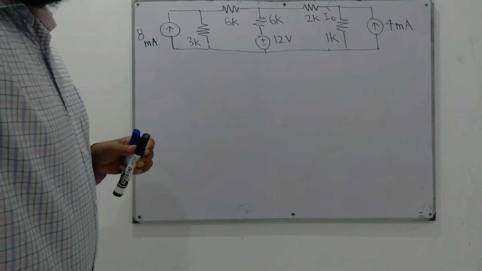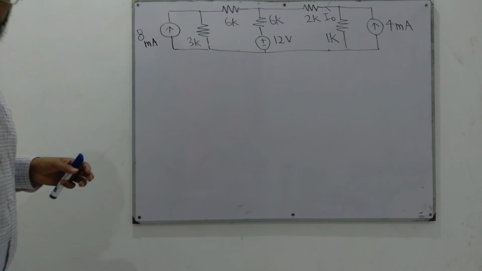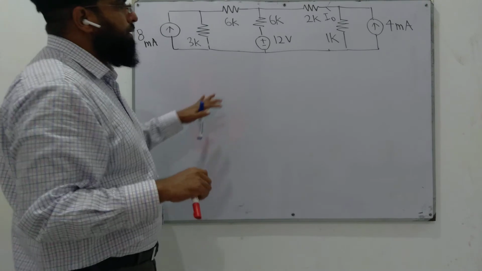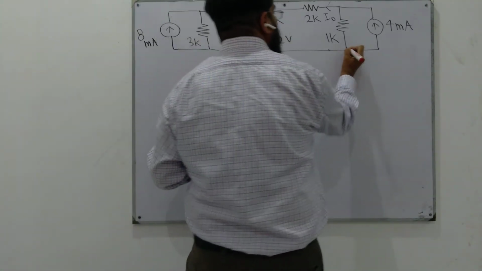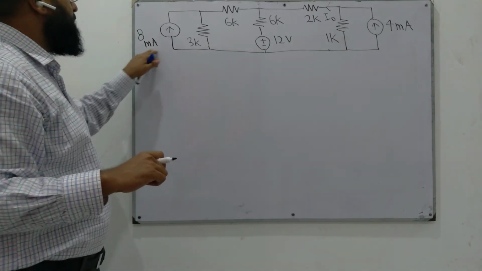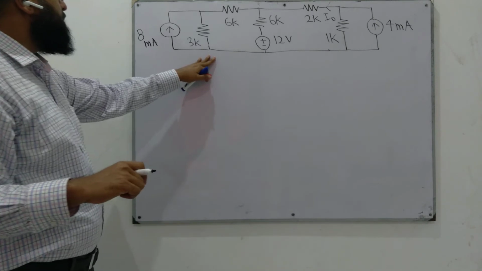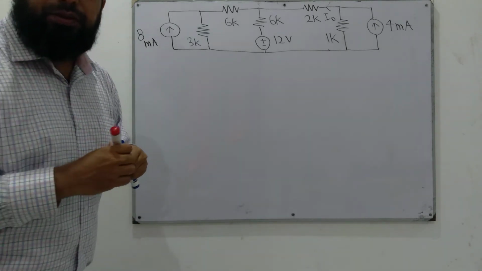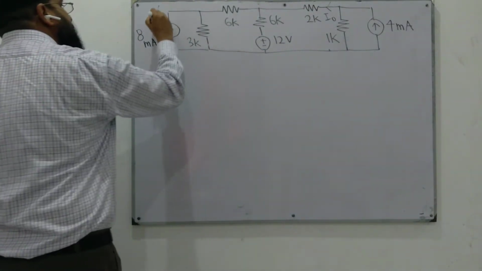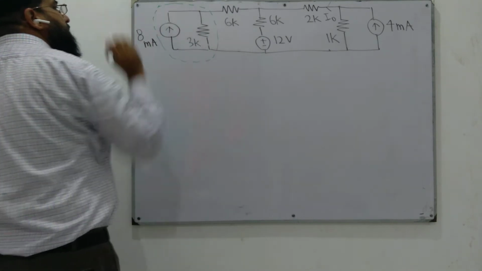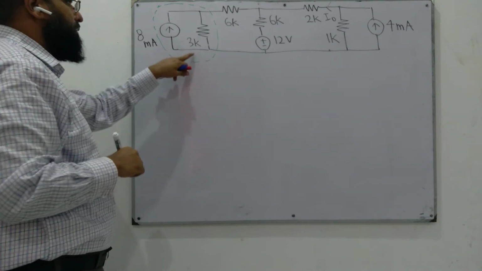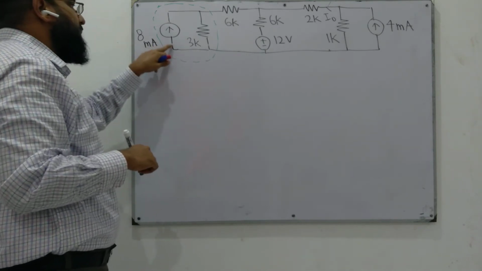So applying Thevenin's and Norton's equivalents repeatedly will make us able to reduce the circuit, and finally we will be able to find I out. So what we can do straight away is apply Norton's. This is a Norton's equivalent. So we can replace it with, this is ISC, this is 3K, R Thevenin is assumed to be 3K, 8 milliampere is ISC.